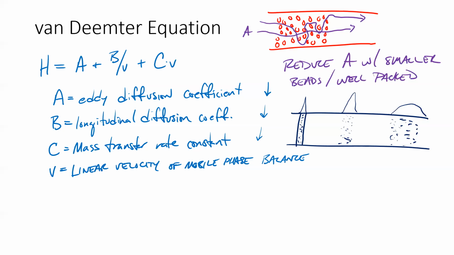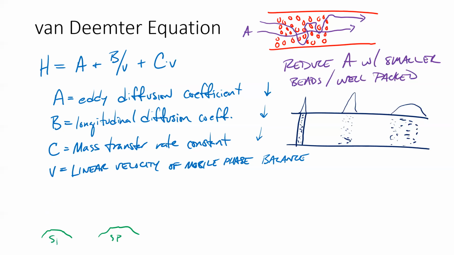This mass transfer piece, this last piece here, has to do with the fact that our stationary phase doesn't move, but our mobile phase does. So let me draw some stationary phases here.